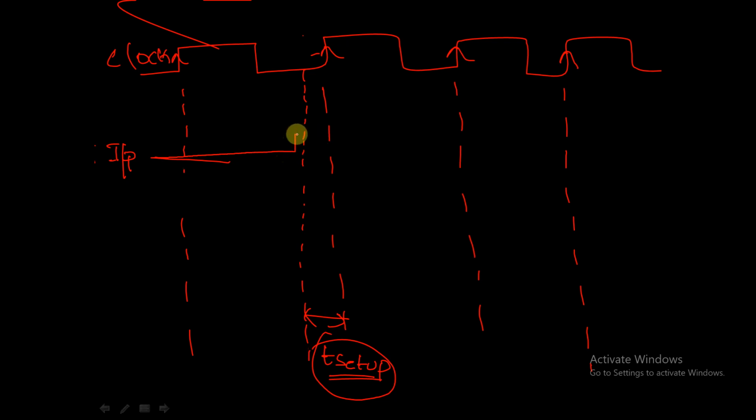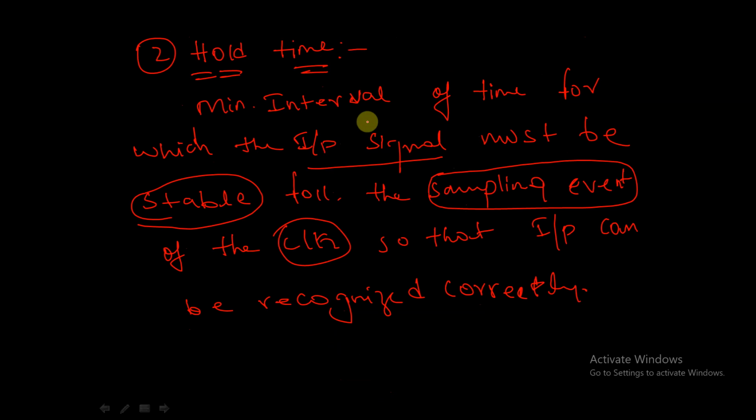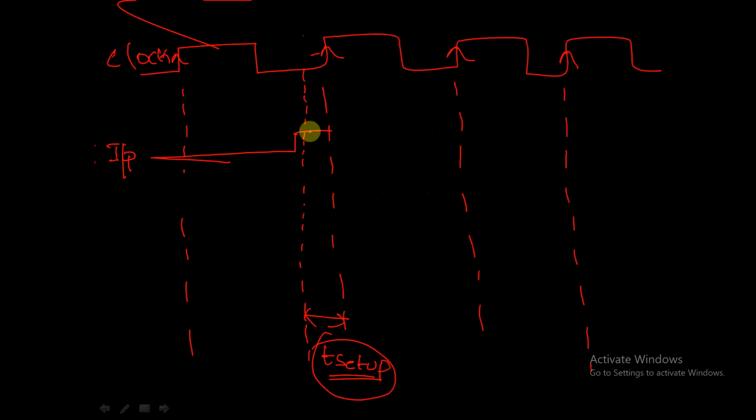Now here my sampling occurs, that is my input will be read by the flip flop. Then what happens, according to the definition: the minimum interval of time for which the input signal must be stable following the sampling event, where my sampling happens at this positive edge, right?